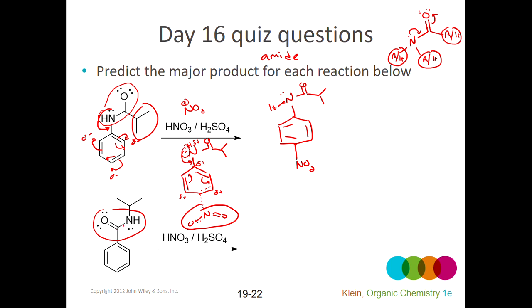With the other connectivity, where the C=O double bond is connected to the ring, I have the opposite situation. This lone pair is no longer close enough to the ring to be donated in there through resonance. Instead, the resonance it can do is to move up in here and push electrons up to the oxygen.